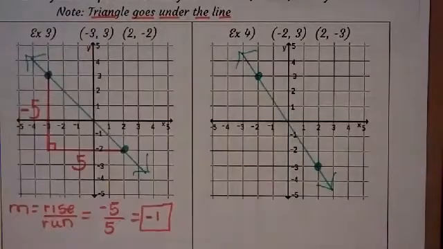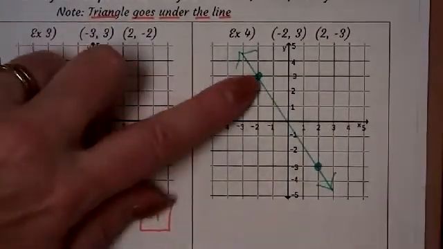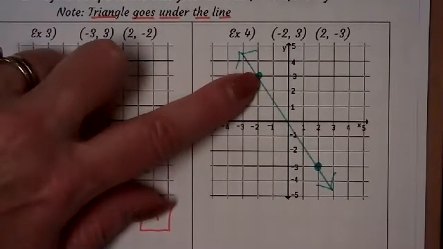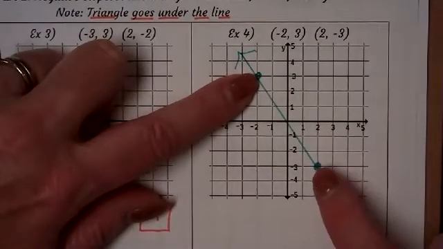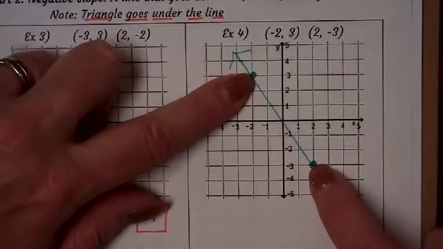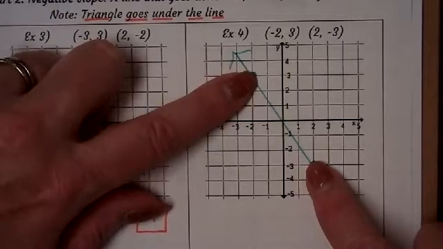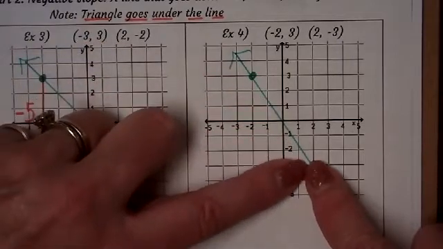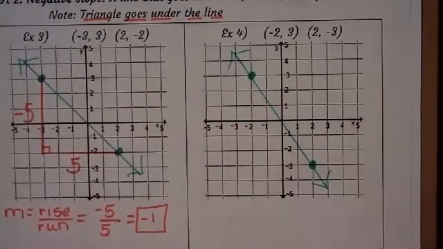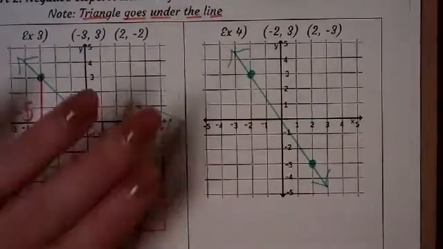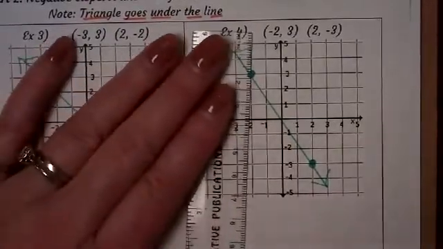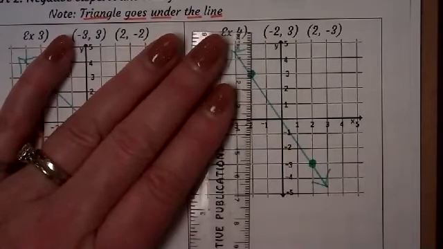Now, again, I can tell that this is a negative line because if I put my left pointer finger on the point on the left and my right pointer finger on the point on the right, see the right finger going from left to right is going down, okay? So now that means my triangle once again has to go underneath my line.